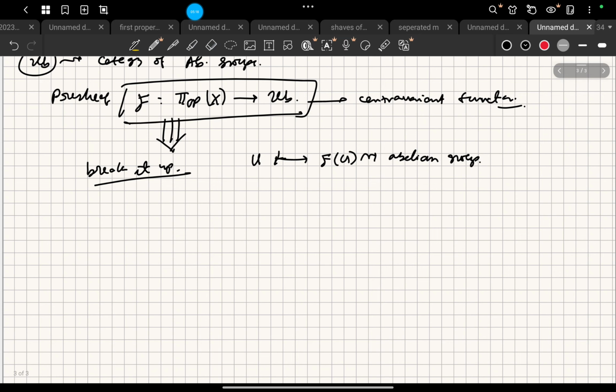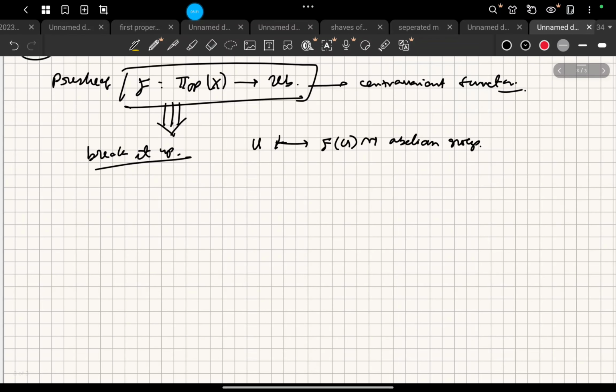Now, what about phi? We define that phi is mapped to 0 only.